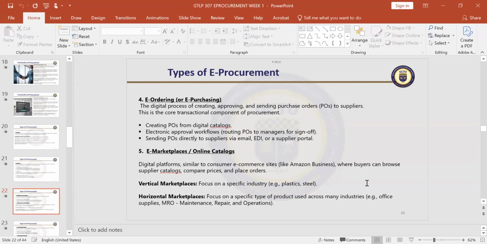A vertical marketplace focuses on a specific industry, like plastics and steels, right? And then a horizontal marketplace focuses on a specific type of products used across many industries, office supplies, MRO, that is maintenance, repair, and operations. And this is how it works.